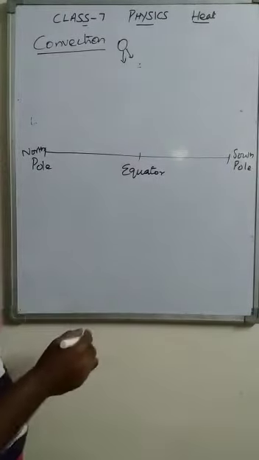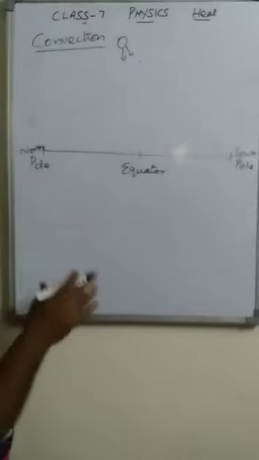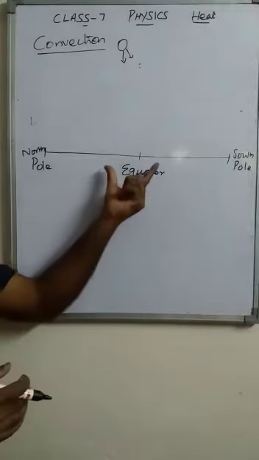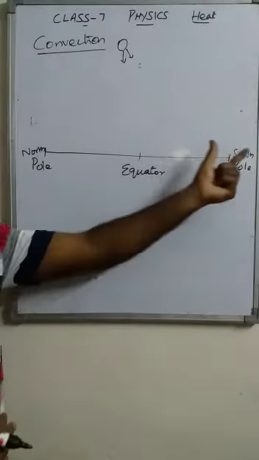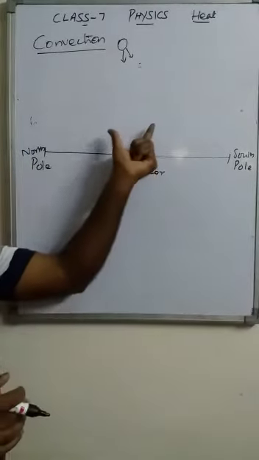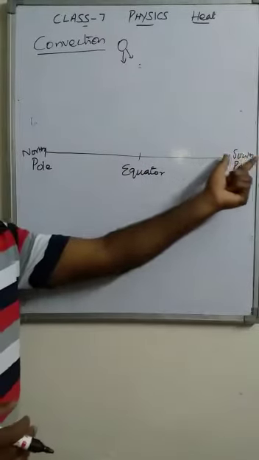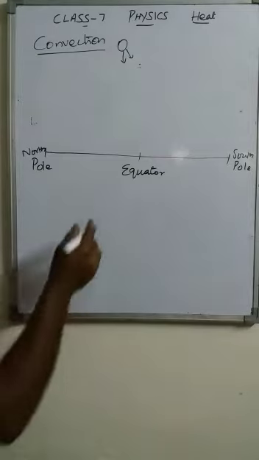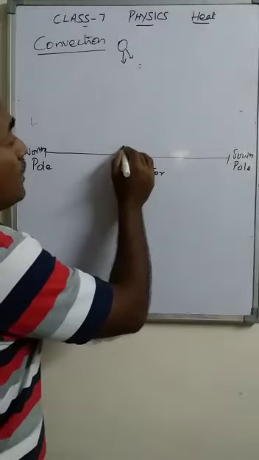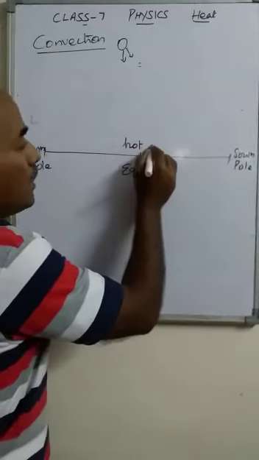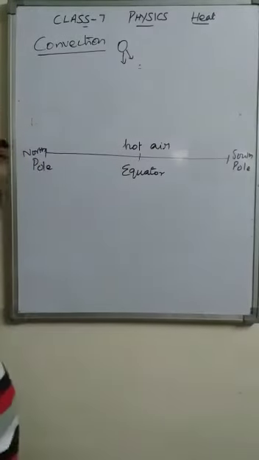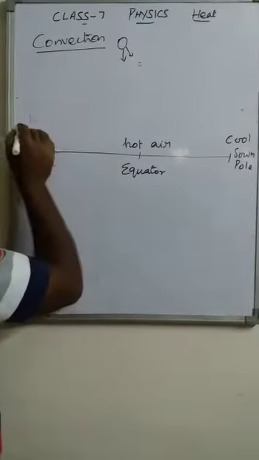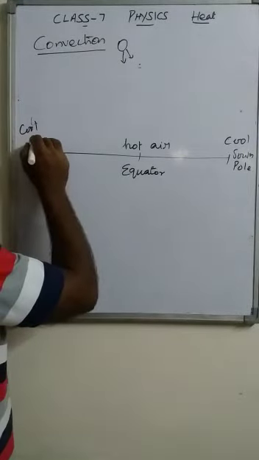At the equator, the amount of heat is more than at the poles. The equator receives a greater amount of heat, the poles receive a lesser amount of heat. That's why the air over the equator is hot and here we have cool air at the poles.